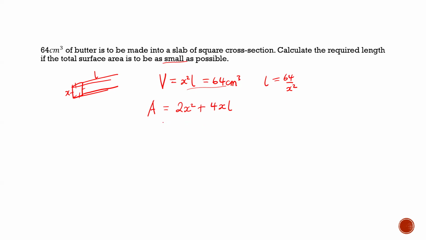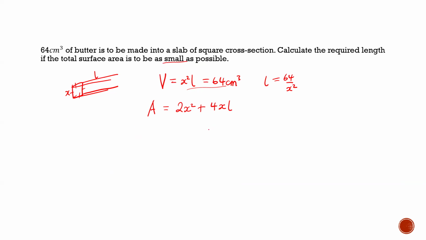So that would mean we have to differentiate this equation, but it's in two variables. So we want it to be in one variable so that we can differentiate it, equate that derivative to 0, and find the value of x, and the value of L in this case, since it's what's required.